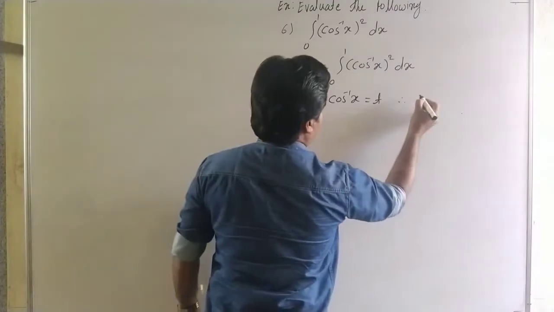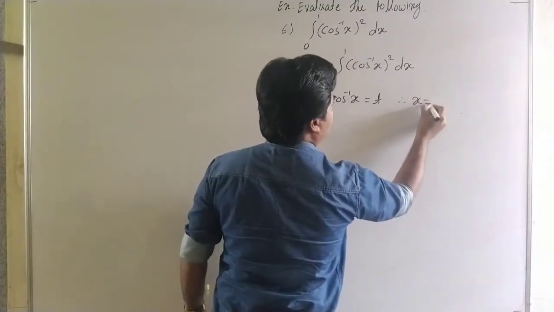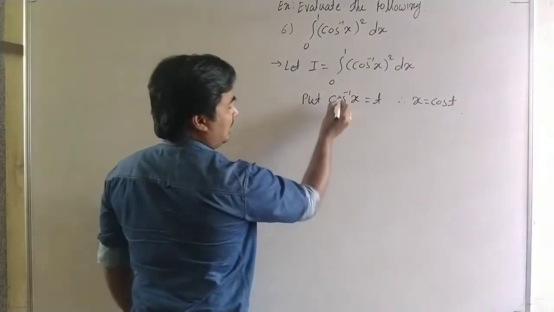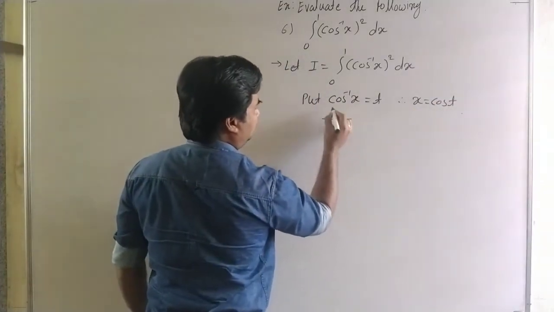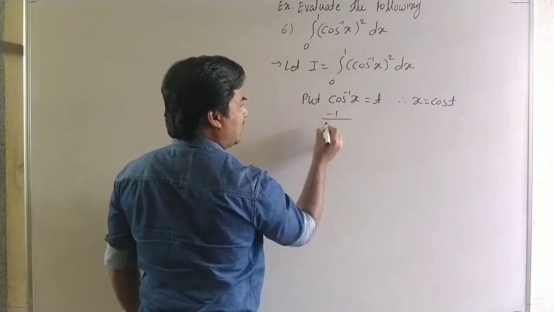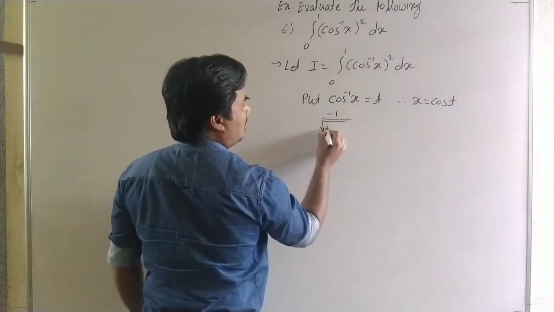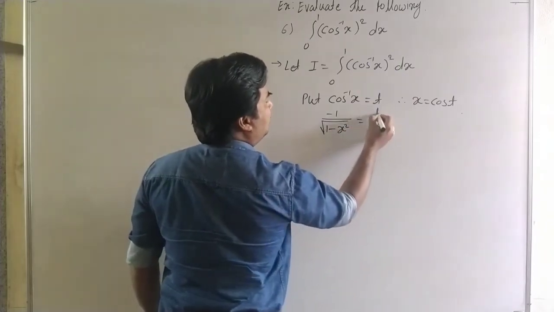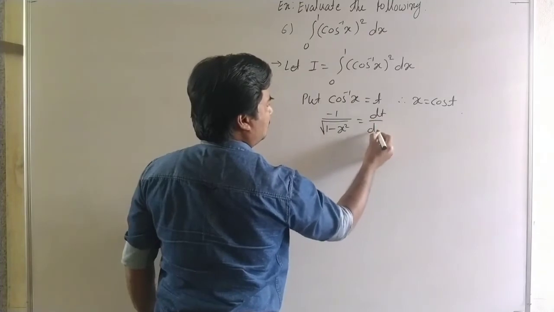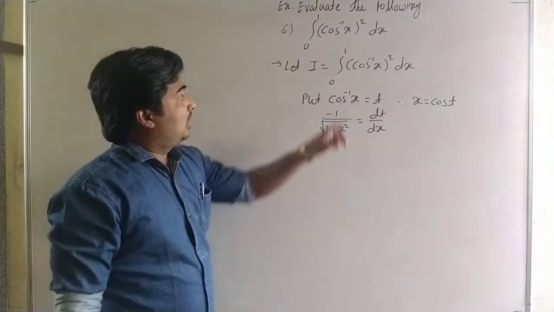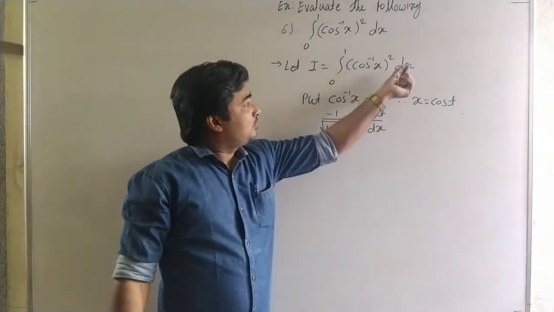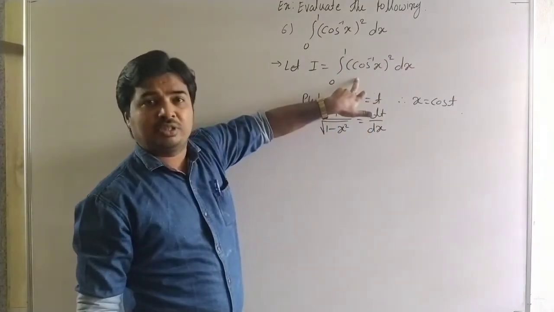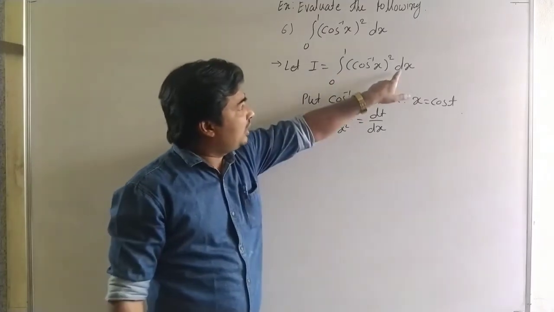Therefore x is equal to cos t. Now differentiate: the derivative is minus 1 upon under root 1 minus x square, equal to dt by dx. But in the integral there is no derivative of cos inverse x, so only dx.